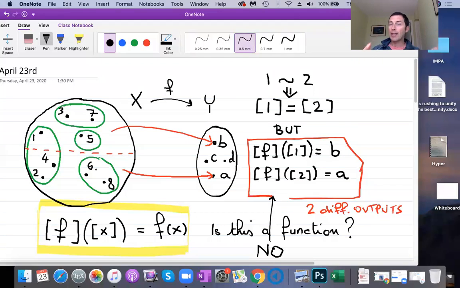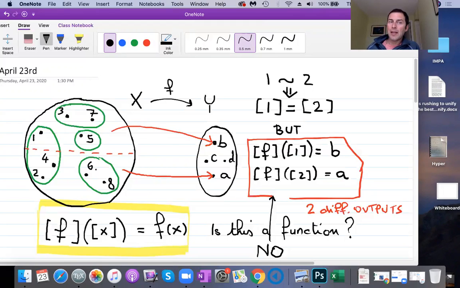And this equivalence relation has nothing to do with f, right? Then I gave you an f that sends the even numbers to a and the odd numbers to b. And then what happened, maybe to be expected, is that because this equivalence relation is born without any relationship with f, f does not induce a function from the quotient set of x with respect to this equivalence relation.